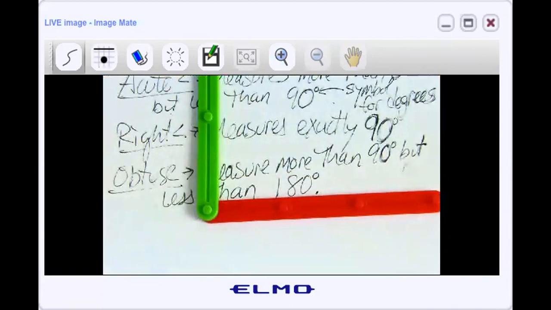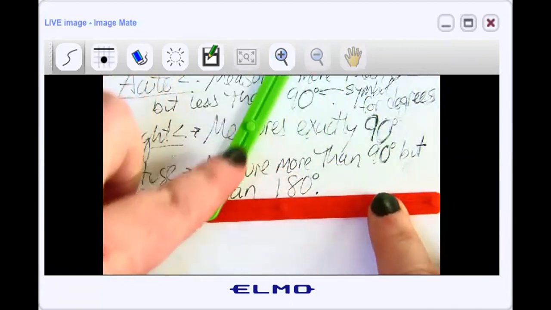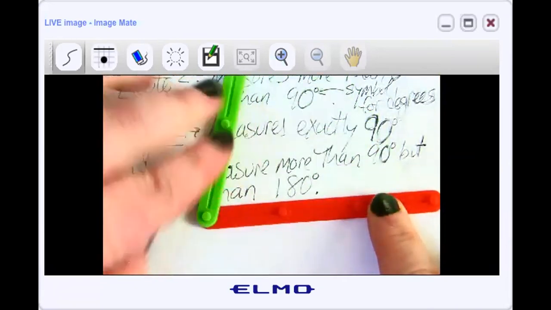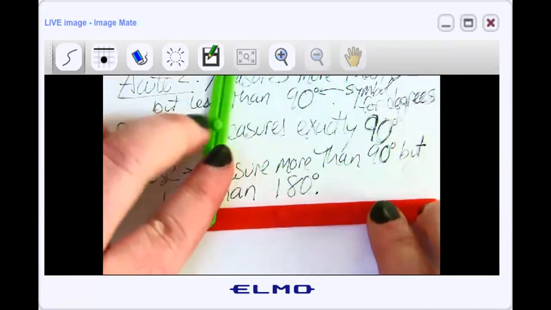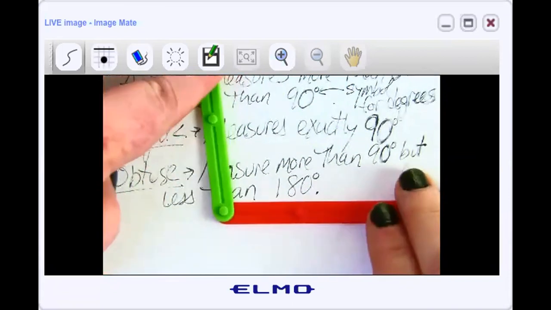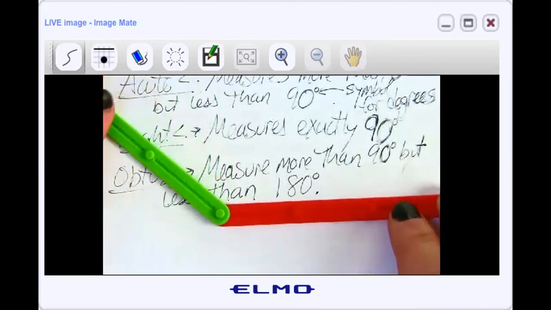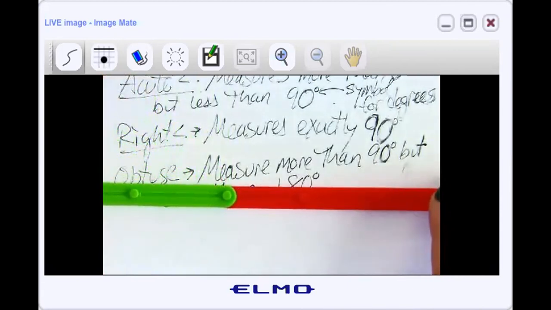Makes that nice sharp corner, all right? So anything in here is going to be acute, because these are all in between 0 and 90, right? So all of this is acute. Once you hit exactly 90, that's right. Once you go past it, now we're in obtuse land. So this is obtuse, obtuse, obtuse, obtuse, obtuse, until it literally reaches 180.